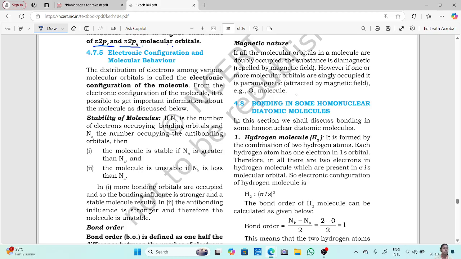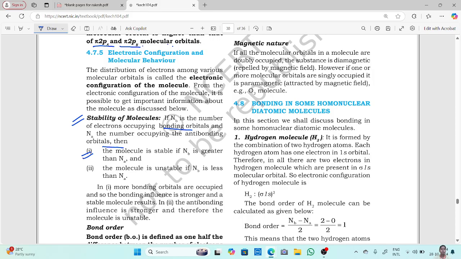Now what is the important information? First one is the stability of the molecule. Nb, that is the number of bonding, is the number of electrons occupying bonding orbitals, and Na is the number of electrons occupying the anti-bonding orbitals. Now this Na and Nb you have to remember.